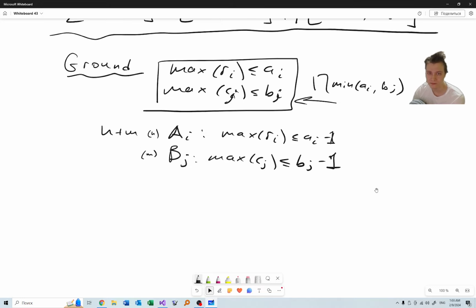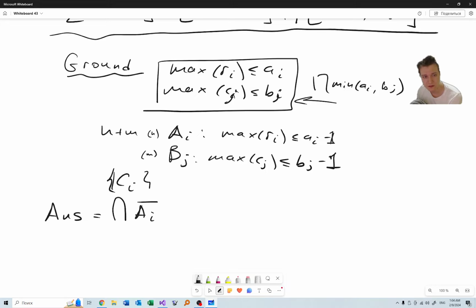So what we need in our answer is the fact that none of these n plus m conditions are true. Let's call them C_i. So we want none of these C_i's to be true.